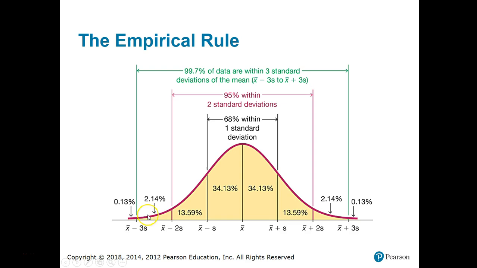Similarly, 0.13% of your data will lie below x bar minus 3s. Right. You're going to be very familiar with this curve. This is a normal distribution or a bell curve, but usually it's called a normal distribution.